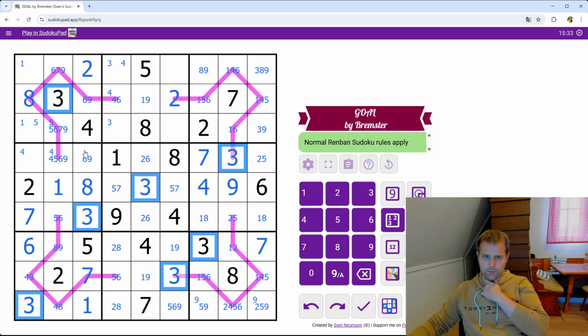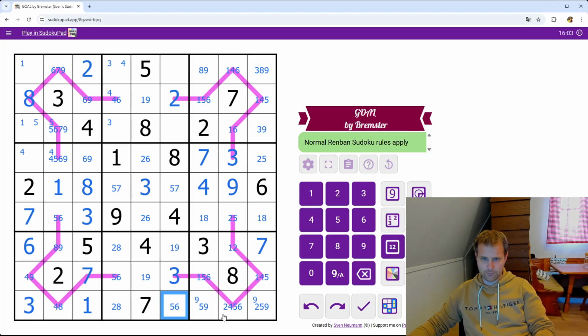I have an X-wing of 3s, and the 4s. Up there, up there, up there. The 5s. Yeah, one is up there, one is up there, one is up there. Okay. Oh, this is not a 9, by the way. But I was busy with the 5s.